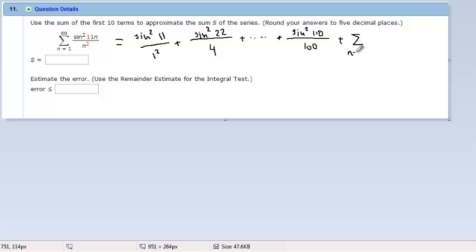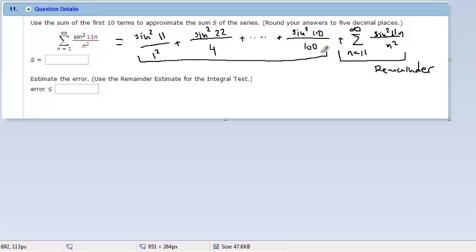Plus I will have the remainder. The remainder term will start from 11 and go up to infinity, sine squared of 11n divided by n squared, right? So this is the remainder term. And this initial segment is the sum of the first 10 terms.